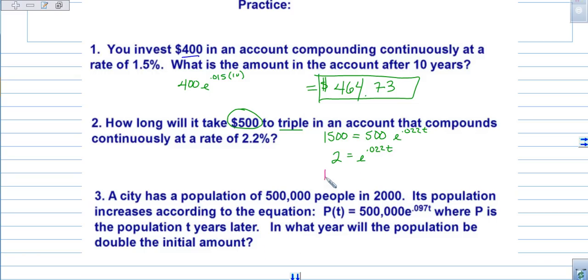Inverse log, so you get the natural log of 3 equals 0.022t, and then t will equal the natural log of 3 over 0.022.